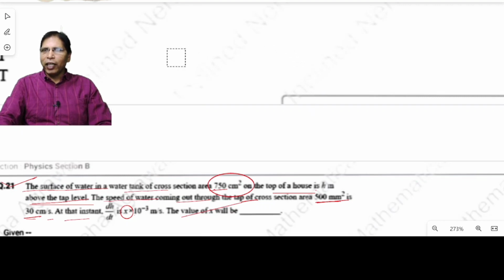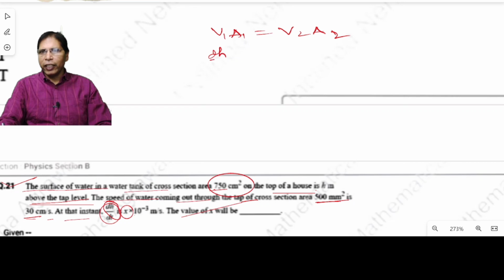If we apply the equation of continuity, then you get V1 A1 equals V2 A2. Now what is V1? V1 is equal to dH by dt. Now what is the value of A1? This is the 750 centimeter square. Now V2 is 30 centimeter per second.